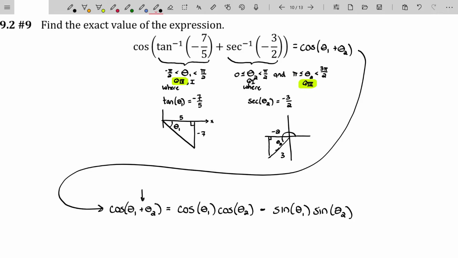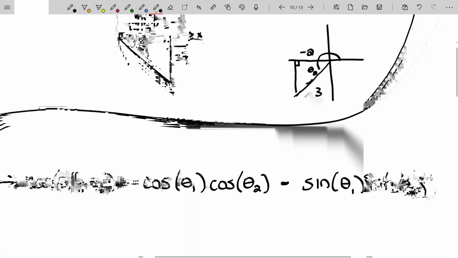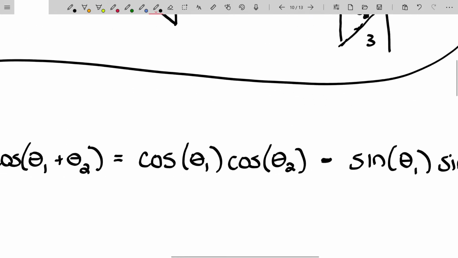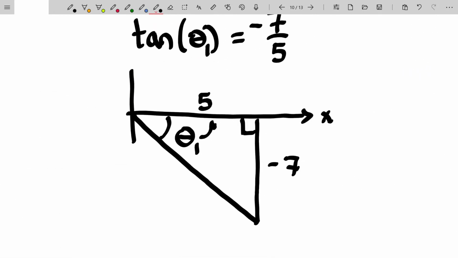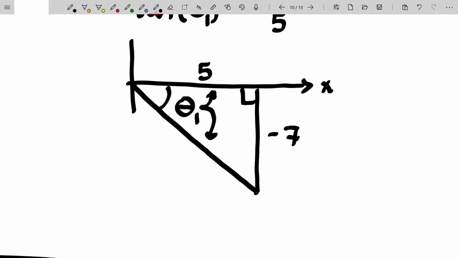So let's go ahead and look at this first one, cosine of theta 1. Well, here's theta 1 right here, cosine's adjacent over hypotenuse. This tells me I have to find the hypotenuse, but that's just a little Pythagorean theorem problem. 49 plus 25 is 74, so this is a square root of 74. Remember, hypotenuses are always positive.